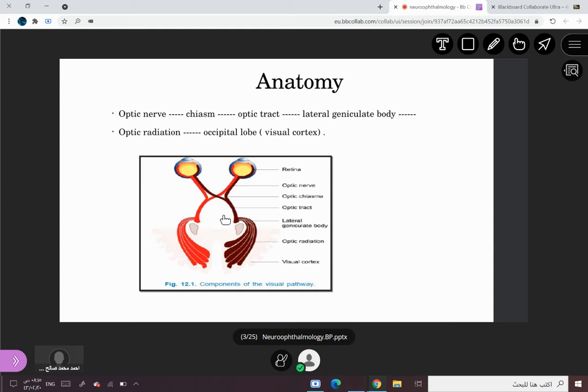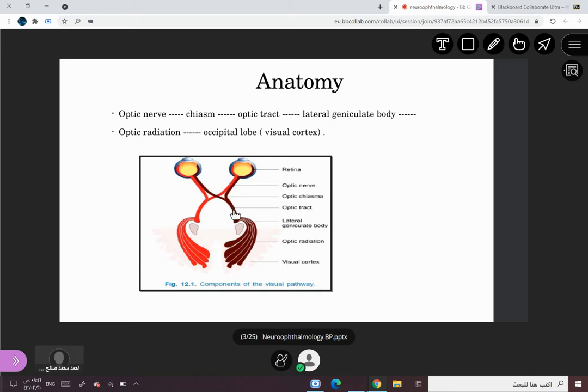So let's take this right optic tract. Right optic tract is constituted from the right temporal retinal fibers and left nasal retinal fiber. Right temporal and left nasal.